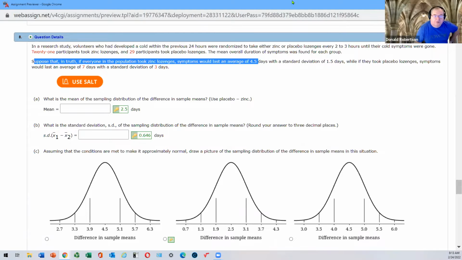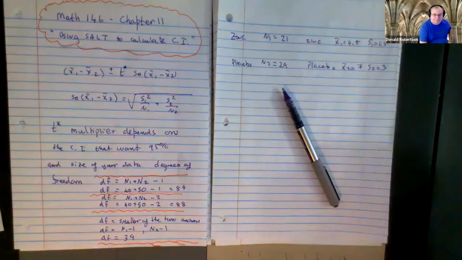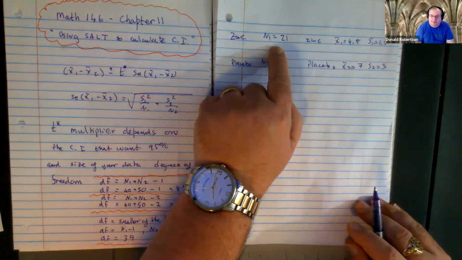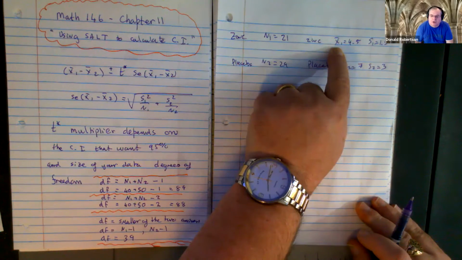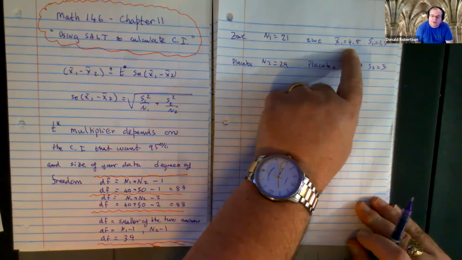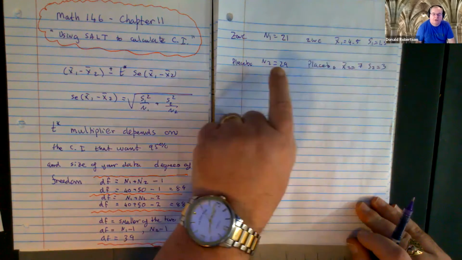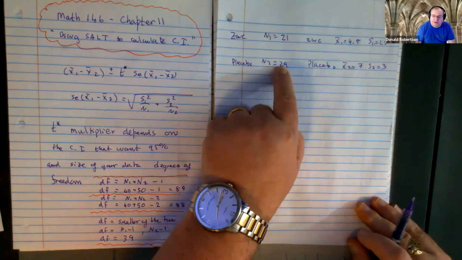Right, I'll return back to the whiteboard for a second just to show you all the stuff that I've written down. If you took the zinc, there were 21 people in that group. The cold lasted on average 4.5 days and the standard deviation was 1.5. If you got the placebo, there were 29 in that group.